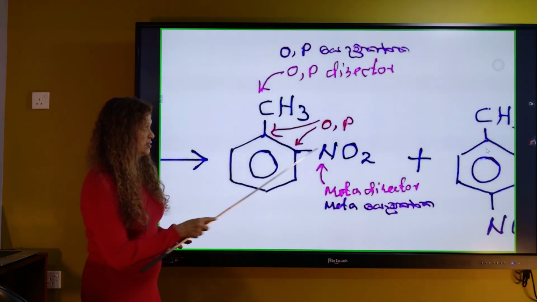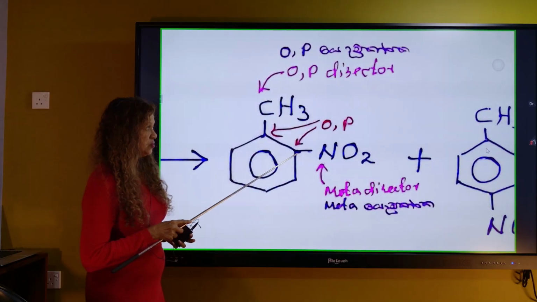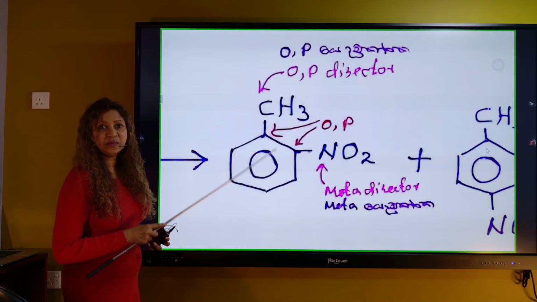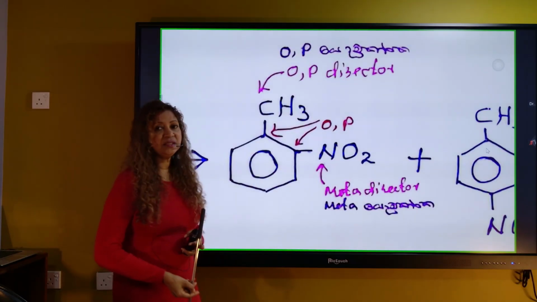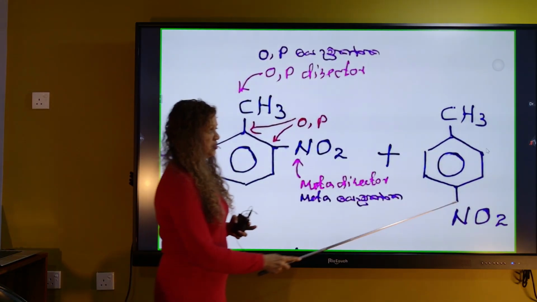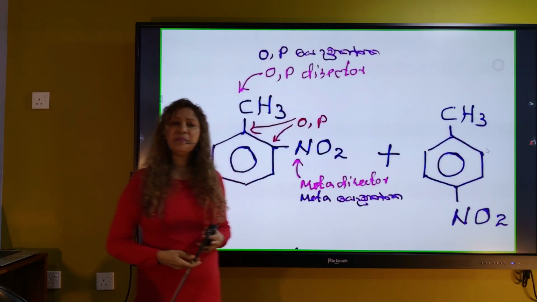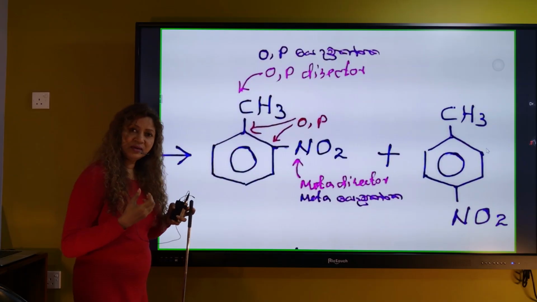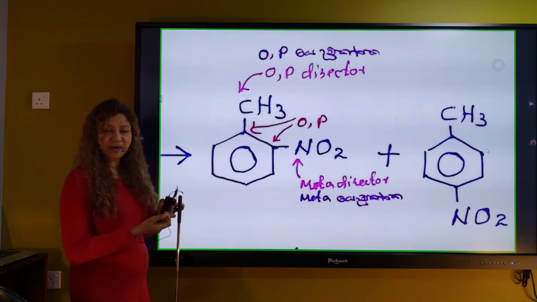Or here, let's say the position for NO2 is 1, again 2 and 2, 2 is again the ortho position. So with respect to each other, these two are ortho, and I have given the para position here as well. With respect to each other, NO2 and CH3 are ortho-para.